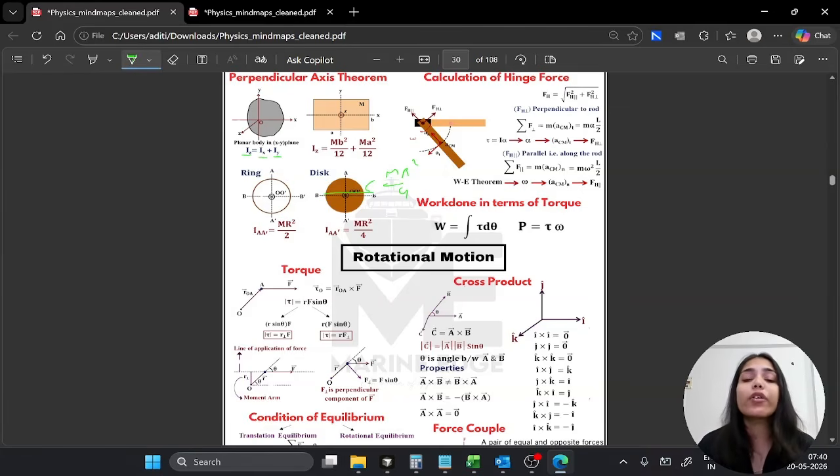If I want to calculate the moment of inertia along the line coming outward along the z-axis, we just add these two moments of inertia, mr square by 4 plus mr square by 4, and the resultant final answer will be mr square upon 2. That is the moment of inertia passing through the center of the disk coming outward. So this is the perpendicular axis theorem.